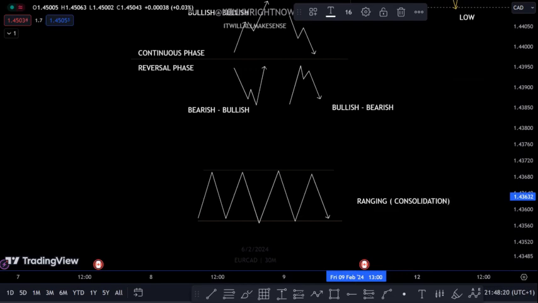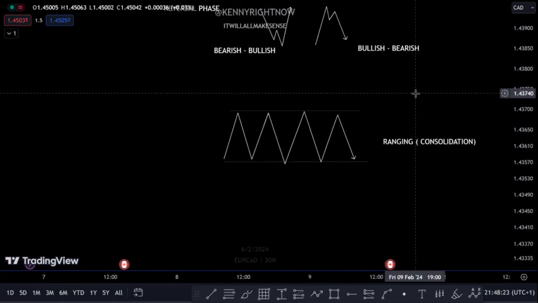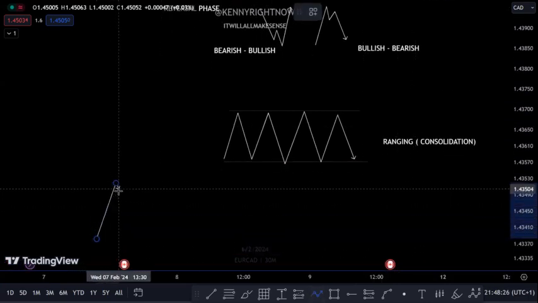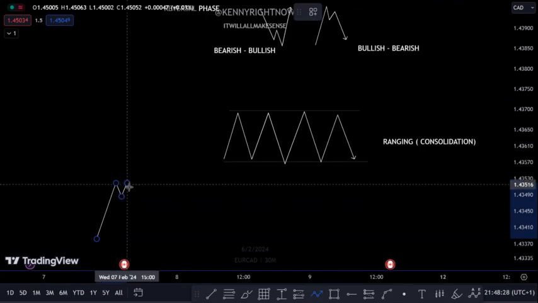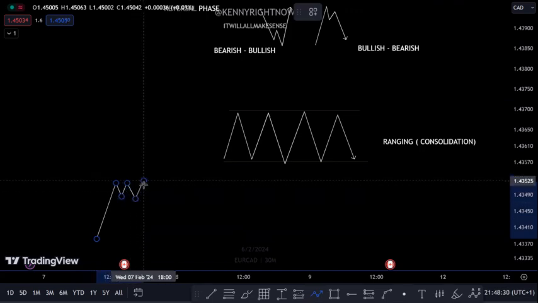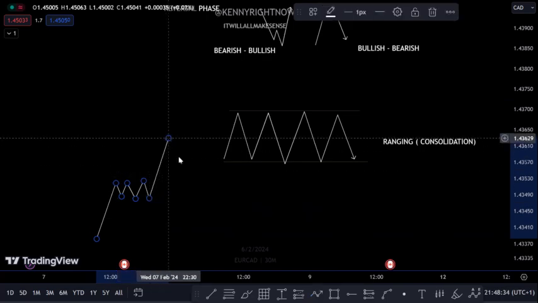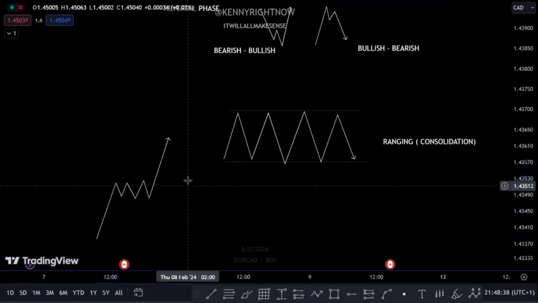Consolidation. Okay. Now, we can be buying. Price can be buying, and we can have that consolidation. Meaning, it's neither buying nor selling, and thus, price could continue to buy.